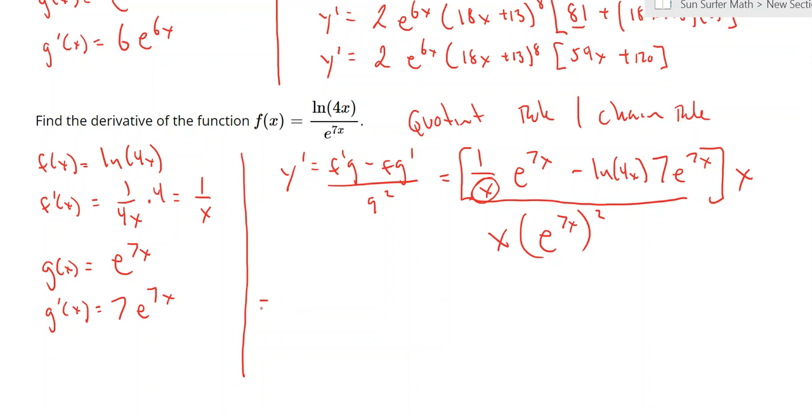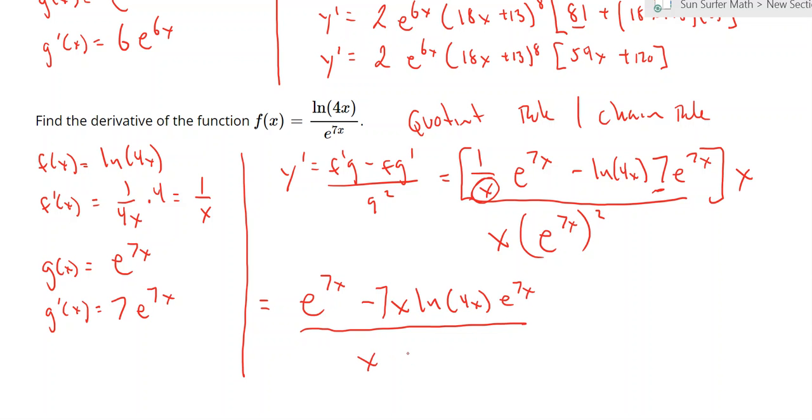What we're going to end up with then is this x goes away here, and we're just left with an e to the 7x minus x log of 4x times, I'm going to put this 7 here out in front, and e to the 7x. And then in the denominator, we have x times e to the 7x squared.